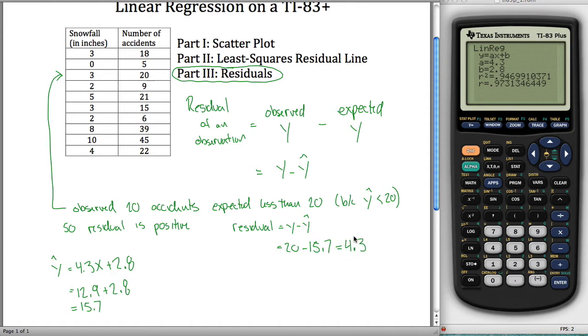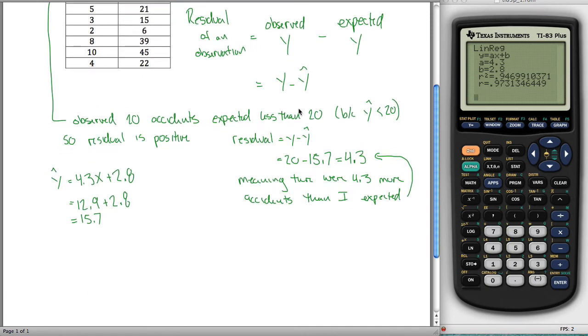So my residual for this observation is 4.3, meaning there were 4.3 more accidents than I expected. So that's just talking about what a residual is and looking at one residual.